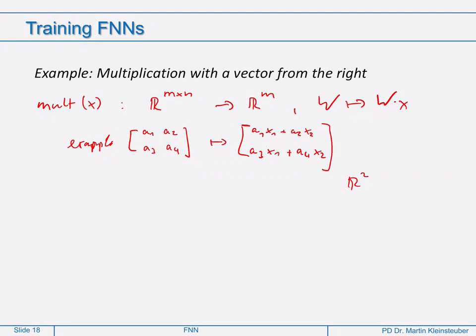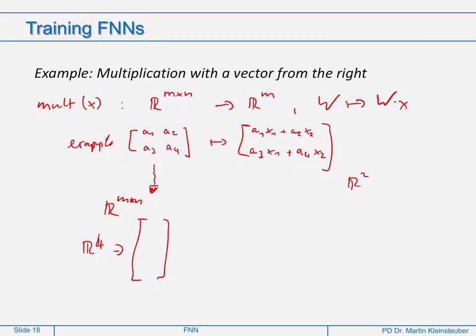And what we have to do is restructure that from R^(m times n) into some form that is in R4, because it's actually a function from R4 to R2.